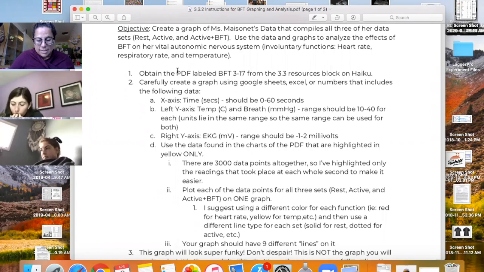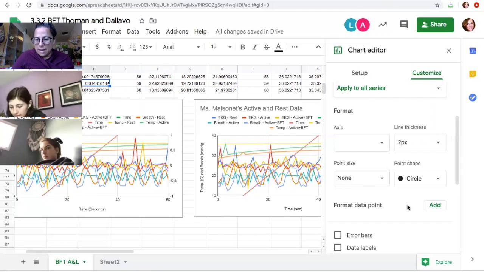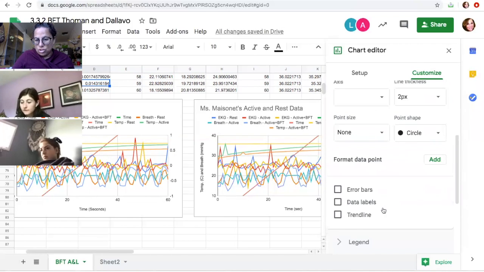Now, if we look back at our instructions, it says that our range for the right y-axis on 2C should be between -1 and 2. So in the same thing, you're going to go to axis and go to right axis and change the range.